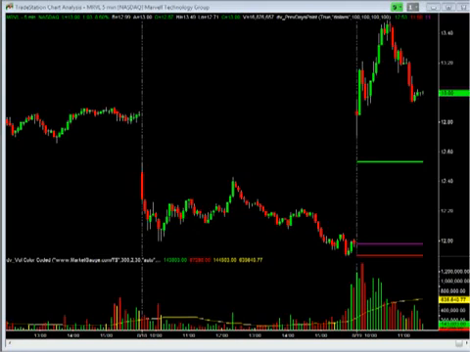You can see here with Marvel that once we broke out of the first volume bar, it ran up, came back, and retraced to the top of the volume bar. You could say this consolidated with good volume in here if you were looking at it from a bigger picture, broke out and ran up again. For a day trader, these are really valuable patterns.